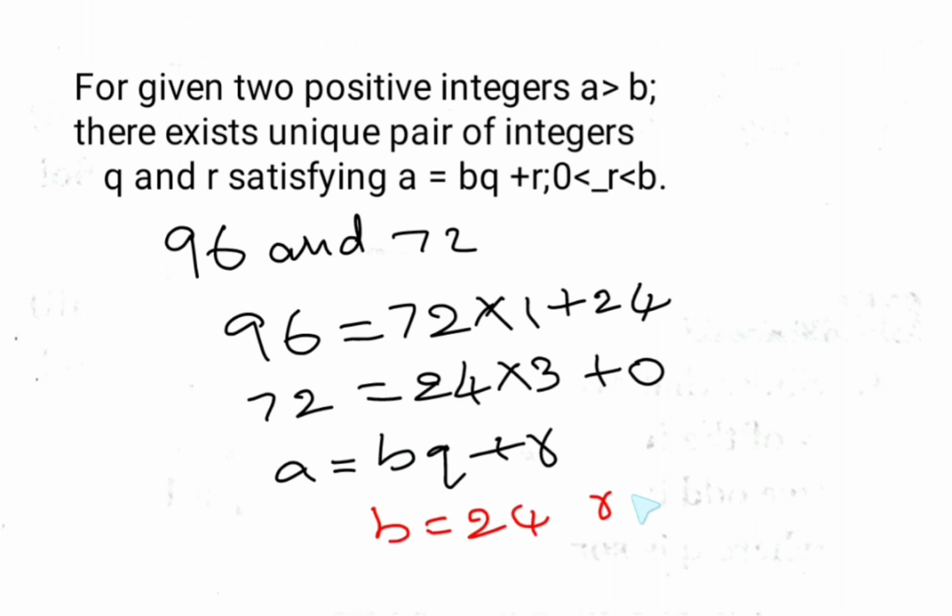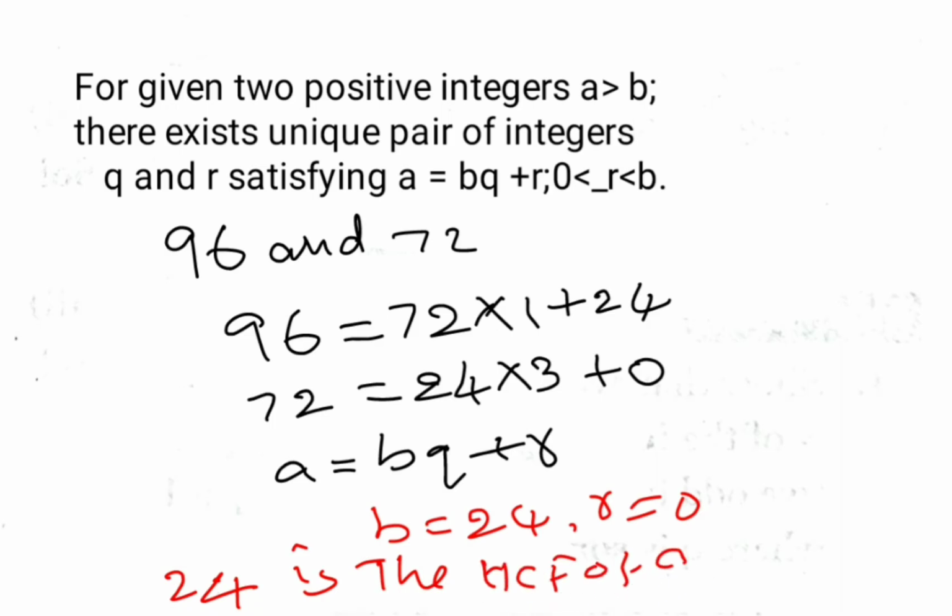When the remainder is 0, B is the HCF of these two numbers. Then 24 is the HCF of 96 and 72.